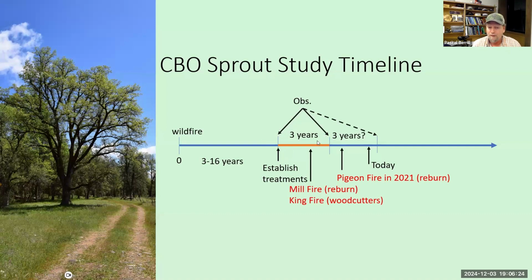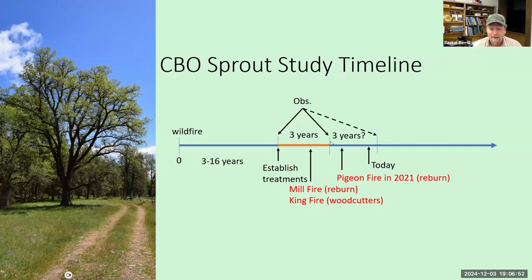Well, a lot can happen in 3 years out there in the wild. We've had the Mill fire reburn, so that burned through one of our experiments. In the King fire, some enterprising woodcutters came and took our snags from our clumps. That's nice dry cured black oak firewood standing there. And so we learned not to put our study so close to the road, because they damaged that site.